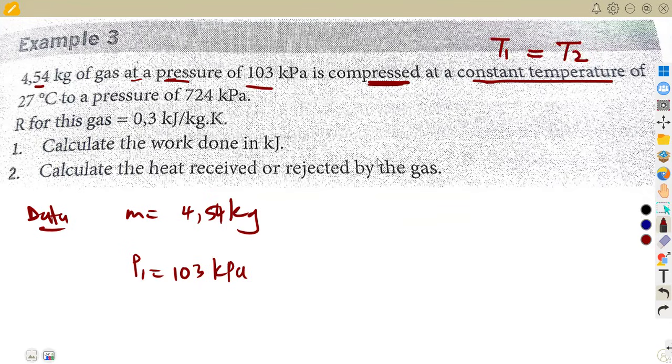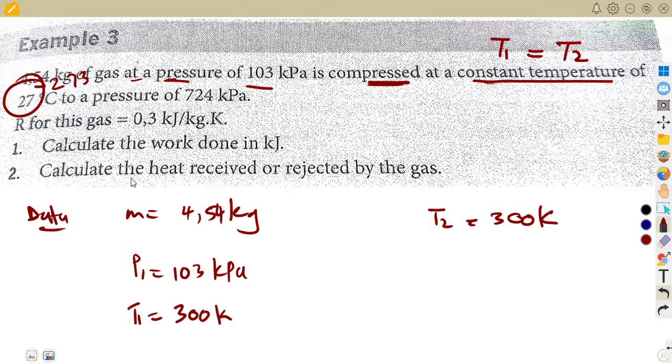Nothing changed there. Of this temperature, which means that's our T1, which is also our T2. So if we add 273 to 27 degrees Celsius, we obtain 300 Kelvin. So that's the same as T2.